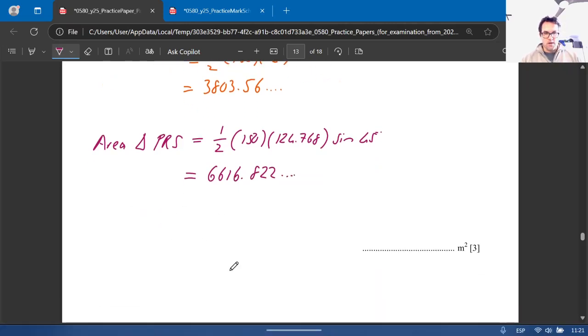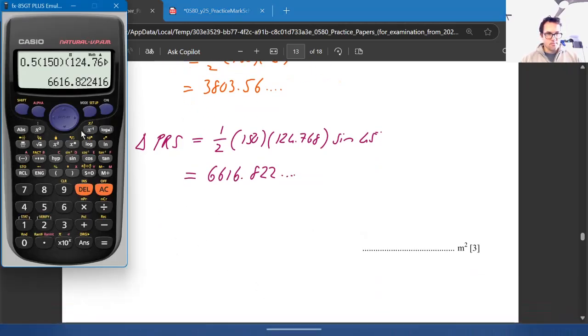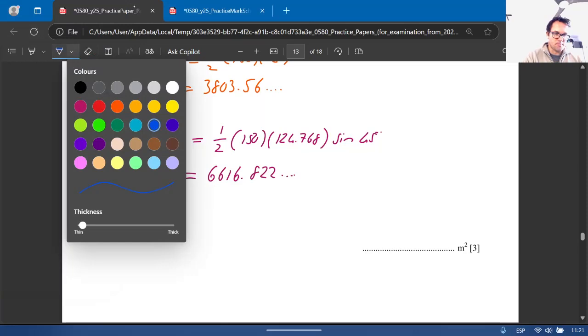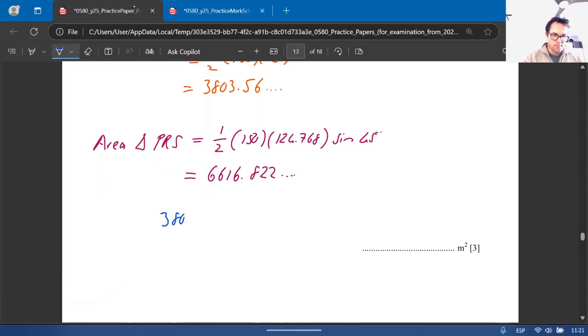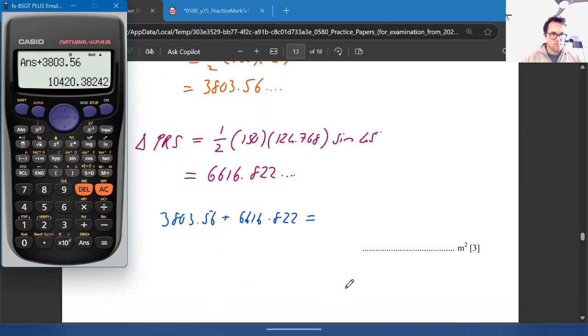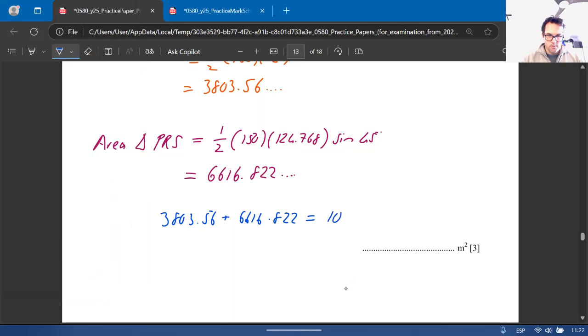Now we can add them together. To this one I'm going to add 3,803.56. That gives 10,420.38.